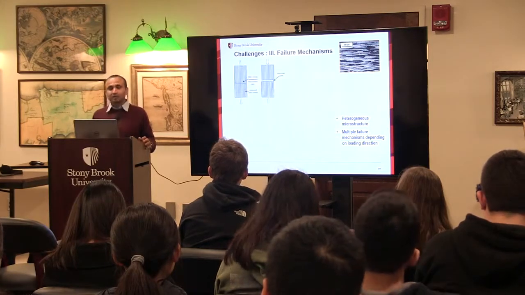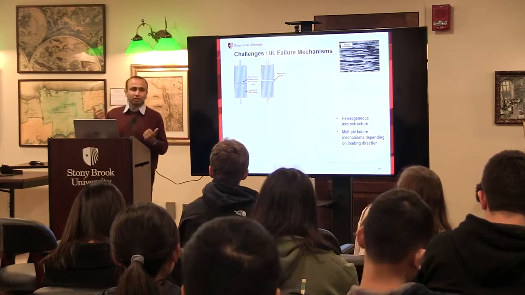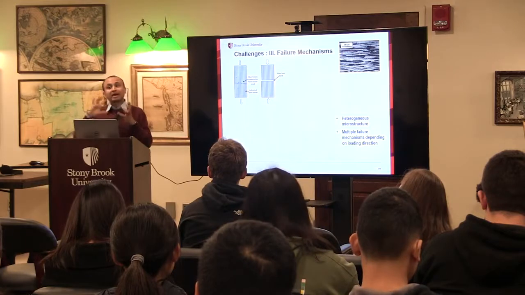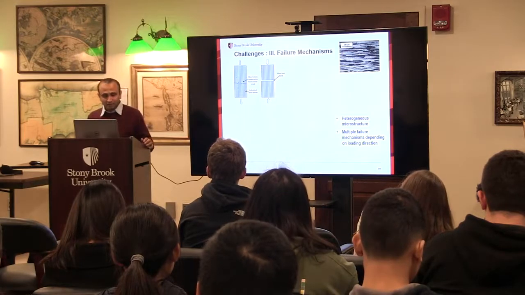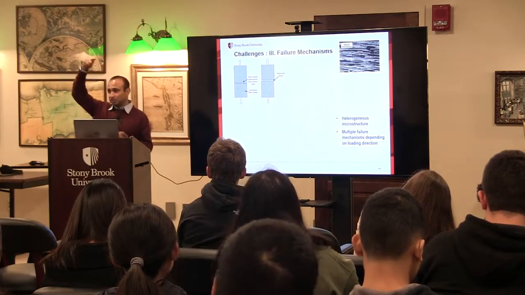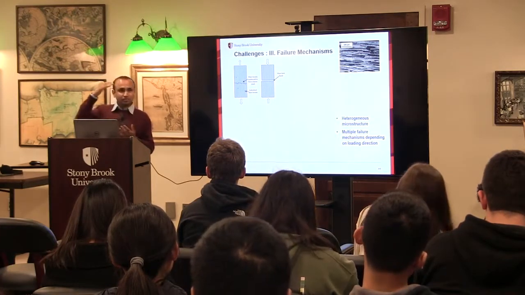And amazingly, the mechanism by which it breaks depends on the direction of the load. If you pull it versus if you crush it, the mechanism is different. For example, here I show on the left pulling, which is tension, and failure in that case happens by individual fibers breaking.